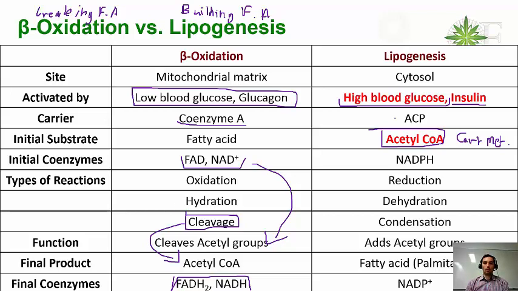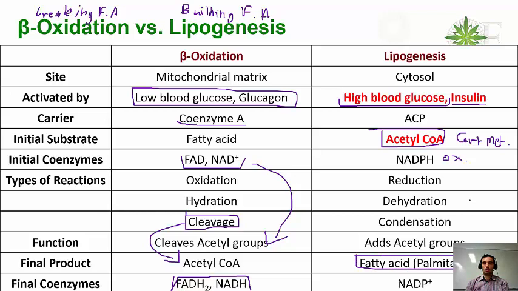So this time, the carrier that we're using isn't coenzyme A, it's actually that ACP protein, acyl carrier protein. And the coenzyme is different also. So we have NADPH, and this coenzyme will actually be oxidized and release hydrogen. So we're actually reducing our acetyl components in this reaction to create our fatty acids, which is our ultimate outcome of the reaction.